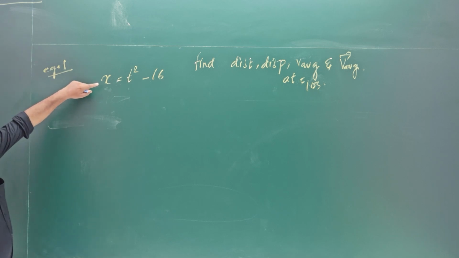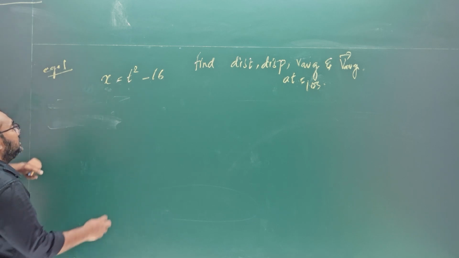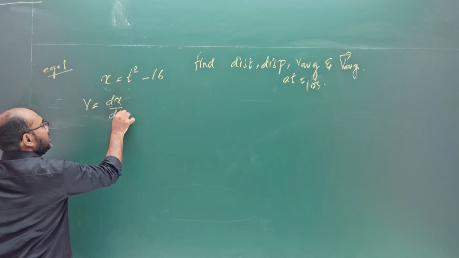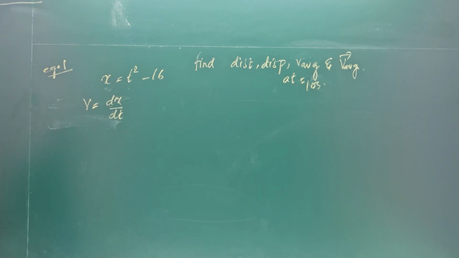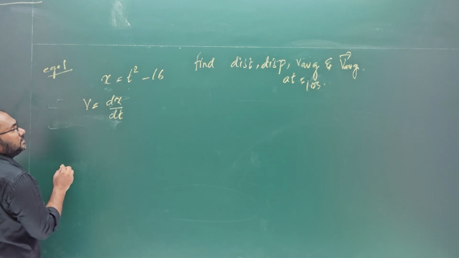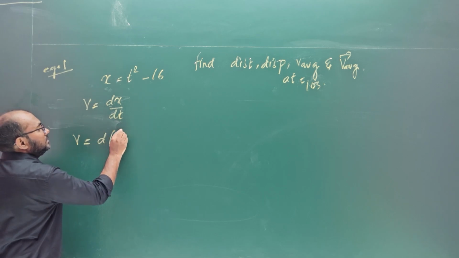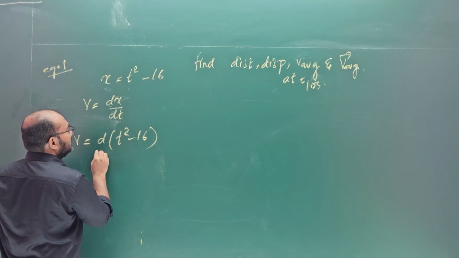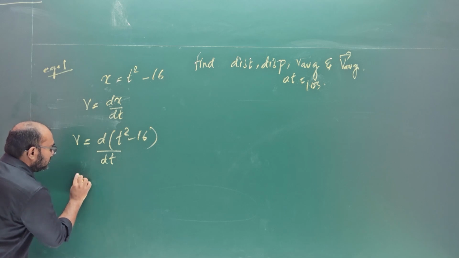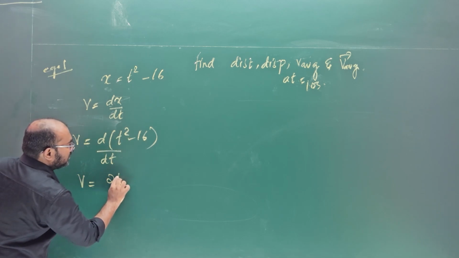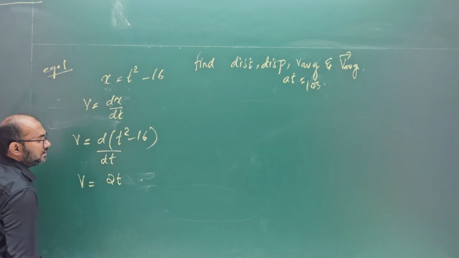Now, if I differentiate this, velocity is nothing but displacement upon time, that is, differentiating t square minus 16 with respect to t. So velocity becomes 2t minus 0, so no need to write the 0.